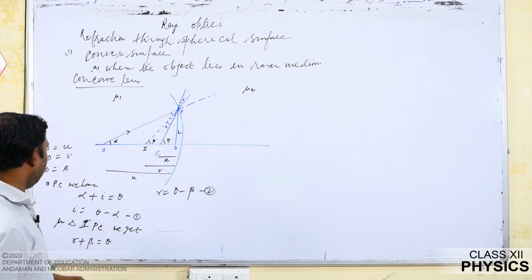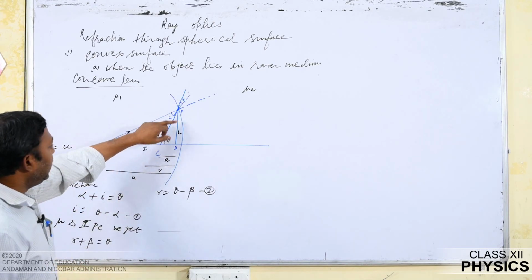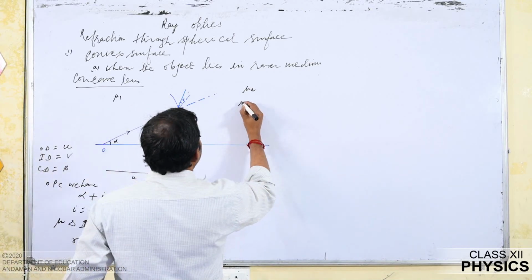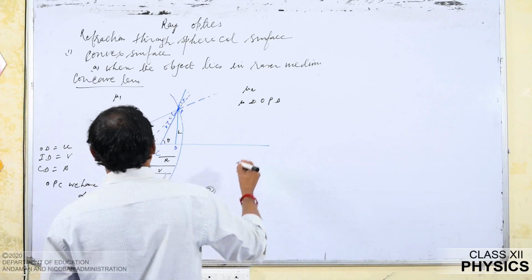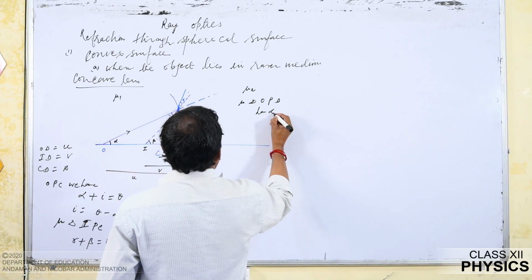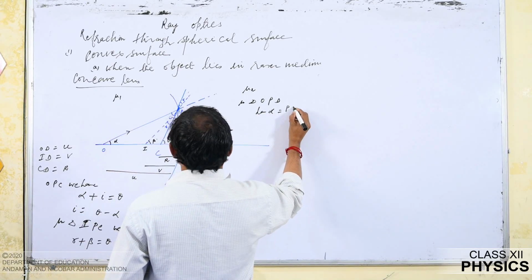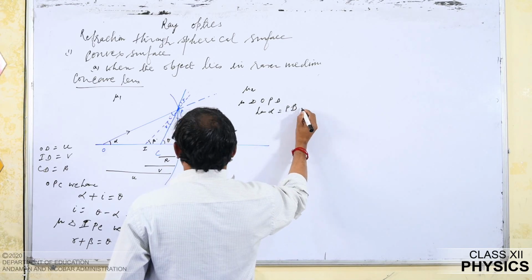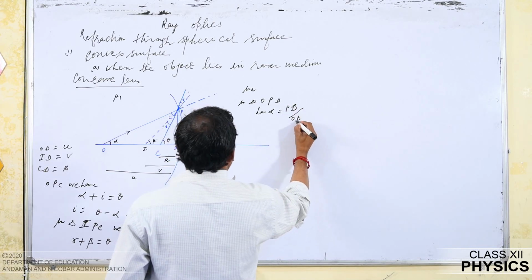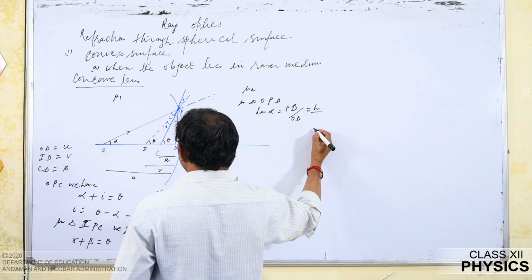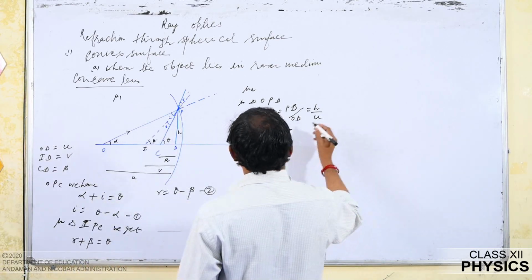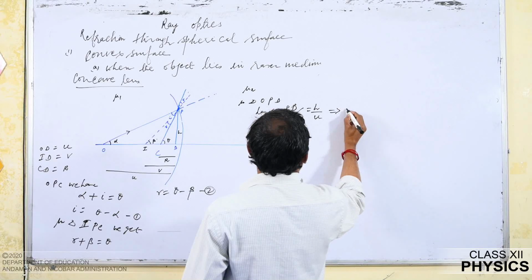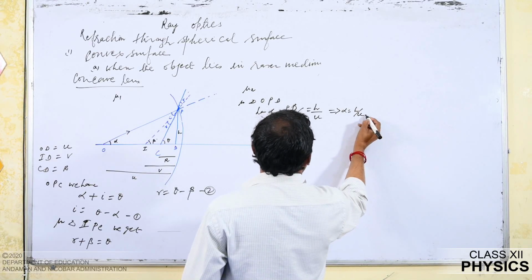Now, from the triangle OPD we have tan alpha is equal to PD by OD, PD is equal to h and OD is equal to u. Similarly, if the angles are small, then tan alpha can be written as alpha. So, alpha is equal to h by u.